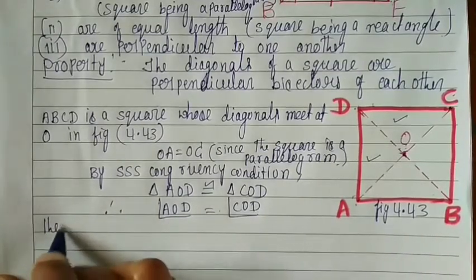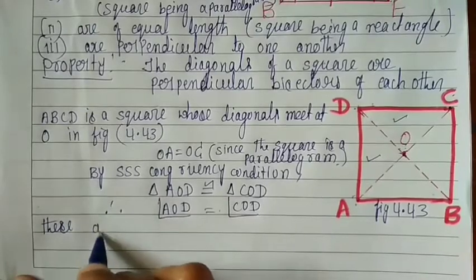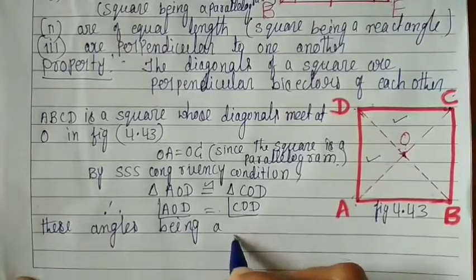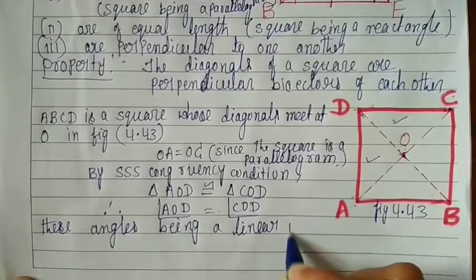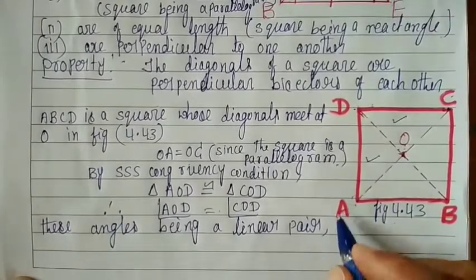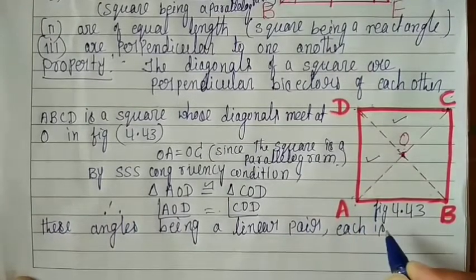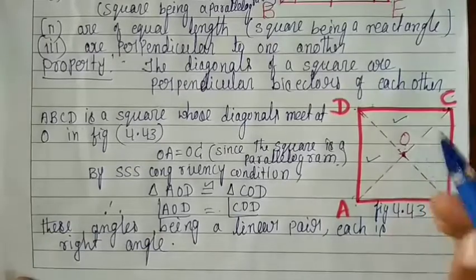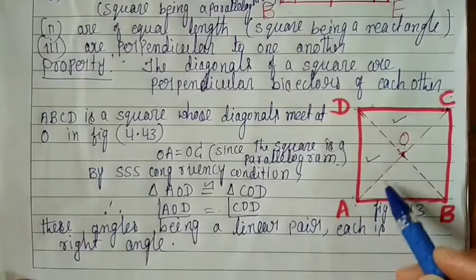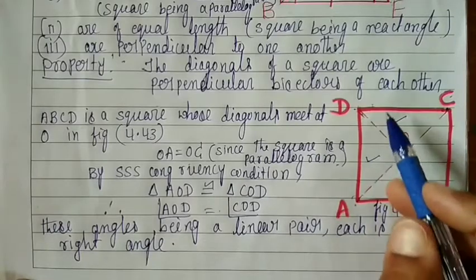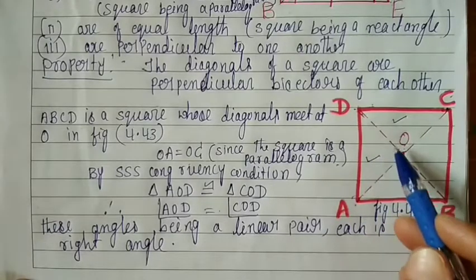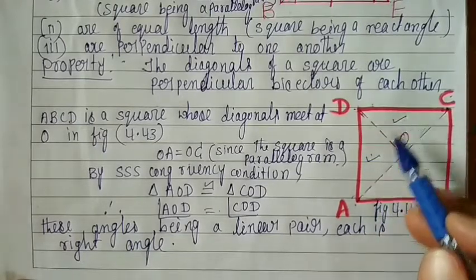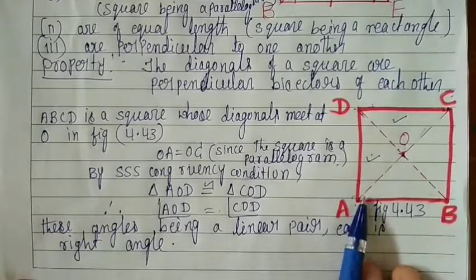These angles, being a linear pair, are each a right angle.